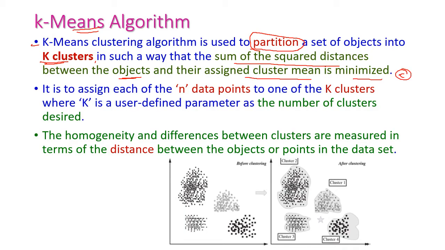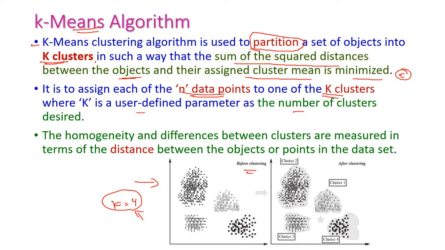Initially we have a set of objects, n data points in our data set, before clustering. Now we need to partition those data points into k clusters. For example, if k equals 4, all the data points will be assigned to one of the 4 clusters.